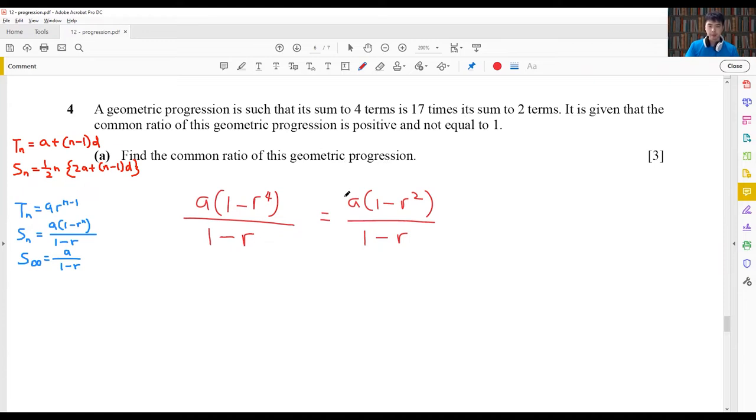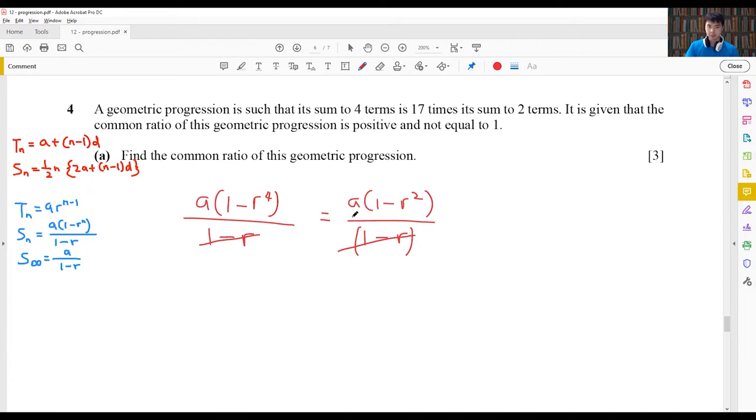When making the comparison, you can either bring this denominator upwards and cancel each other, or you just know that you can ignore this bottom denominator here since they are the same value, all right? And equate this into this. a(1 - r^4) equals a(1 - r^2). Next, you can cancel the a's as well.